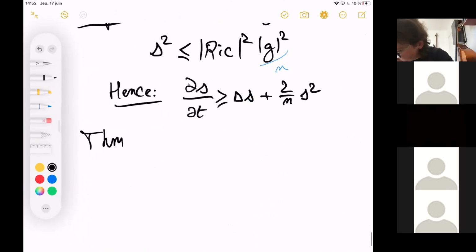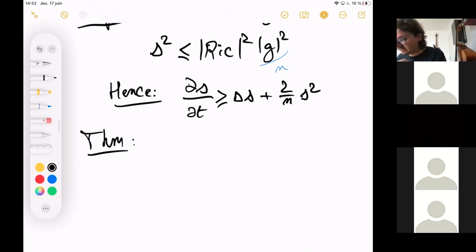So, theorem. In that form, maybe you found it for the first time in Hamilton, but people doing parabolic PDEs have used that for ages. But they were usually not working on manifolds.